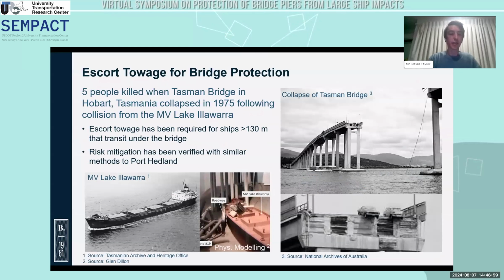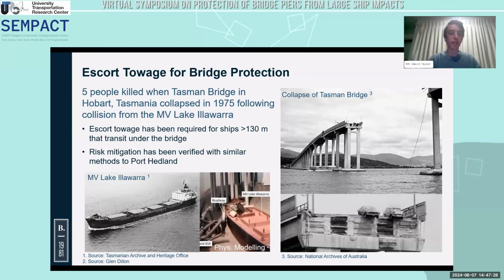I'll just quickly touch on, some of you may be aware of a similar major bridge collapse which occurred in Australia in the 1970s. This occurred in Tasmania in 1975. A lot of the same methods have been used by my team to verify the current risk of the replacement bridge there.